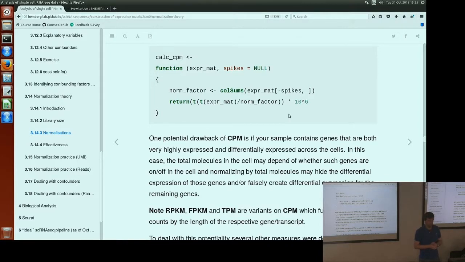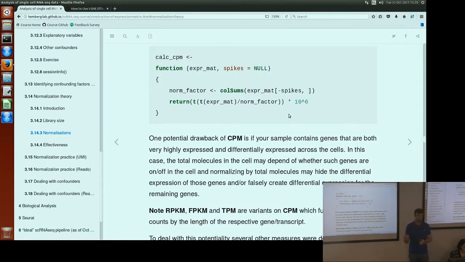A potential drawback is that if our sample contains genes that are both very highly expressed and differentially expressed across cells, then the total molecules in a given cell may depend on whether these particular genes are on or off in the cell, and normalizing by the total counts, the total molecules, we may be hiding the differential expression of these genes.